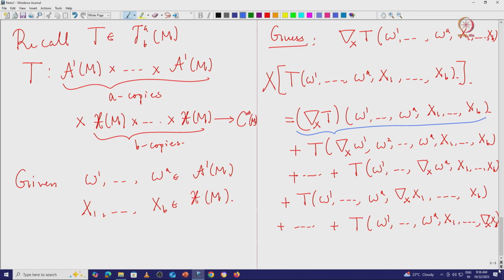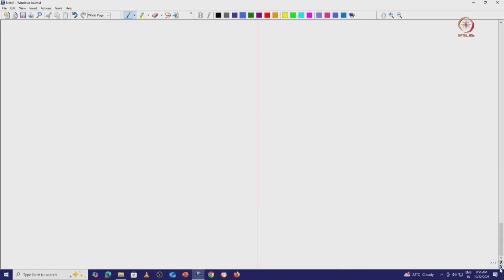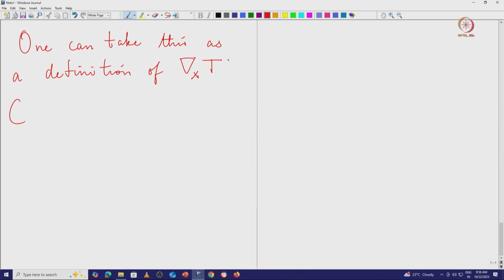I'm not going to rewrite this humongous expression and simply write that one can take this as the definition, and then again one has to check, in a more tedious form of the earlier exercise that I wrote, that this again gives you an AB tensor.